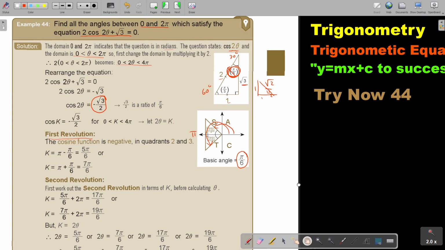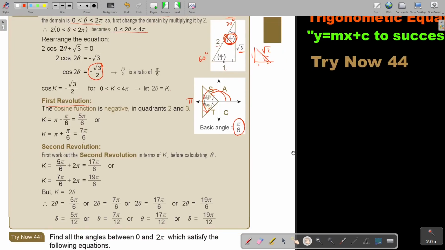Now for the second revolution, I'm taking these values and I add a revolution. These are the values, and I add 1 full 2 pi, and then I get this. Now I put 2 theta equals this in all of them, and this is my first answer, my second answer, my third answer, and my fourth answer.